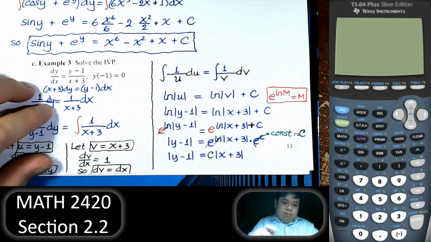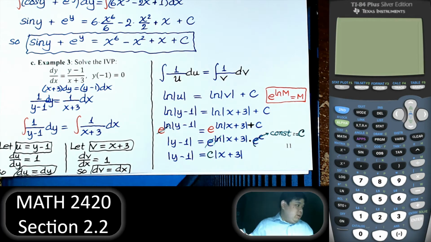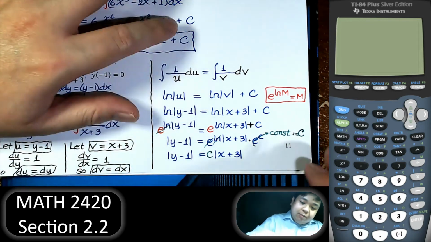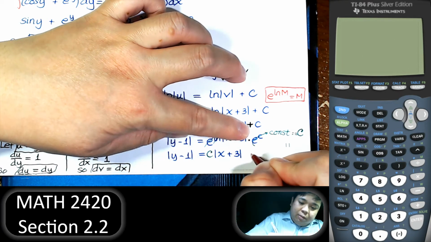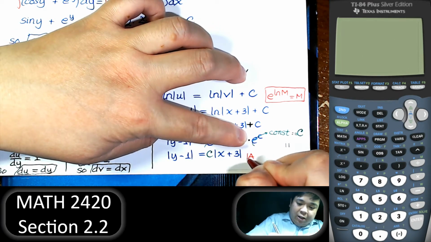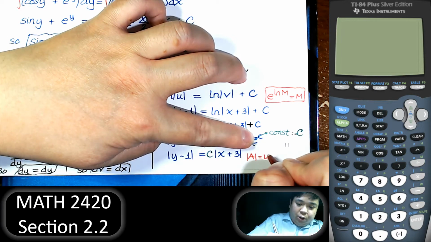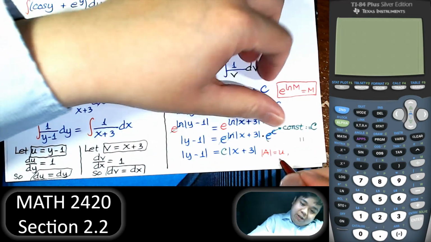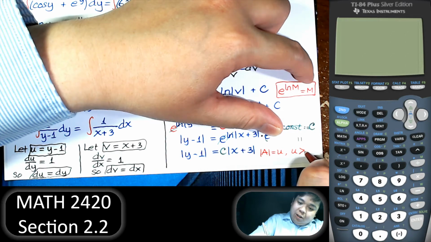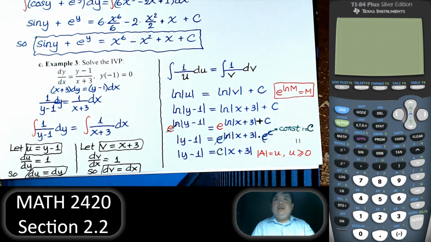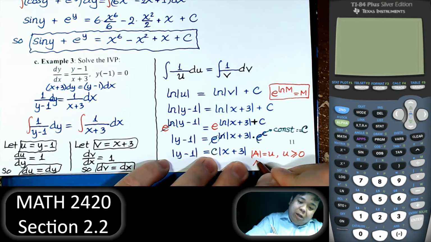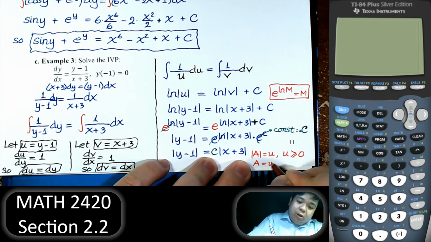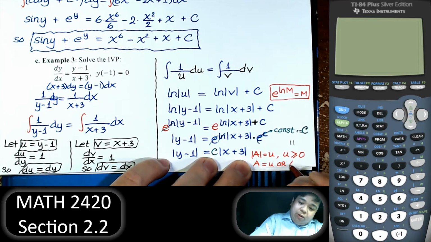If the absolute value of a is equal to u, and u is positive or at least 0, then what is a equal to? So a will be equal to u or negative u.